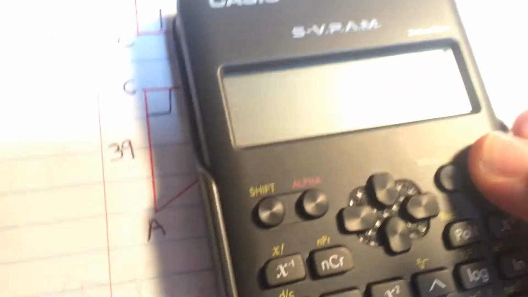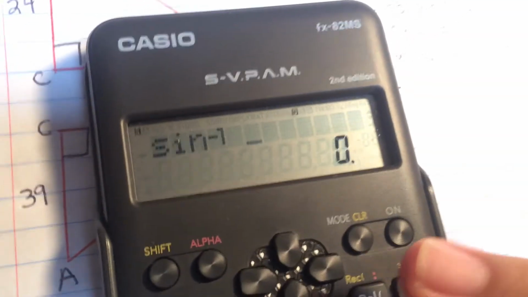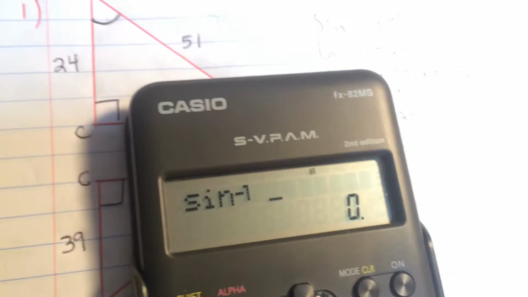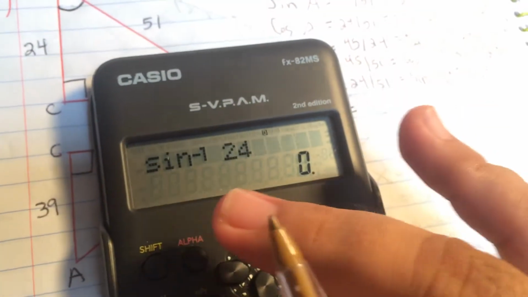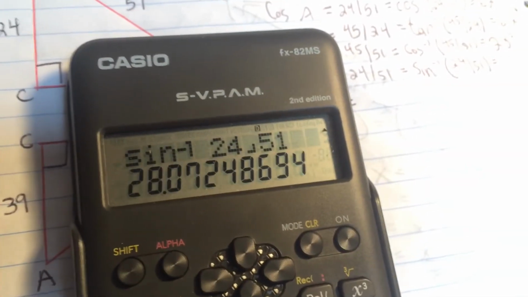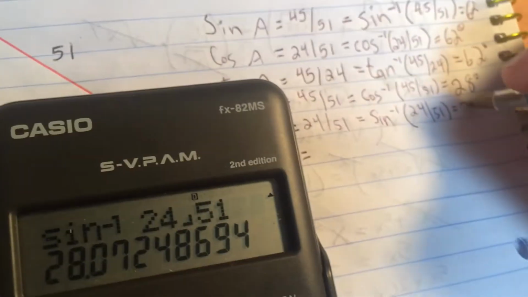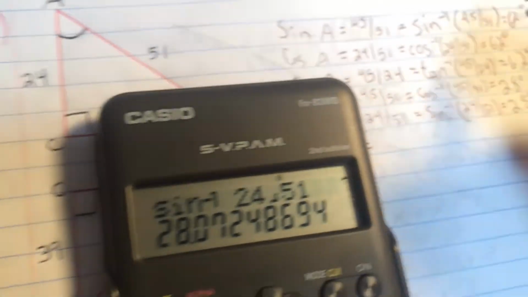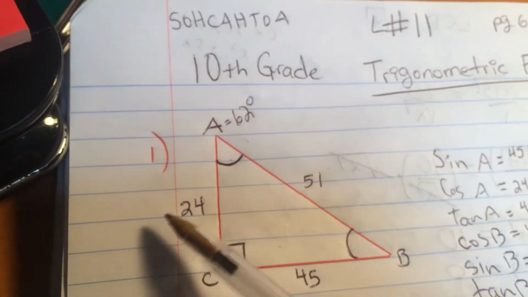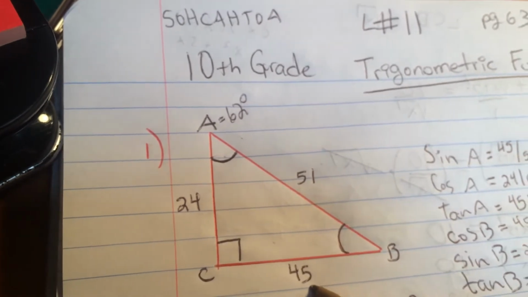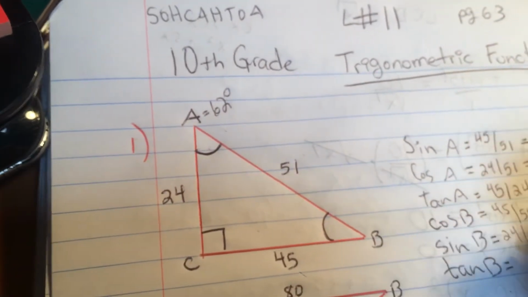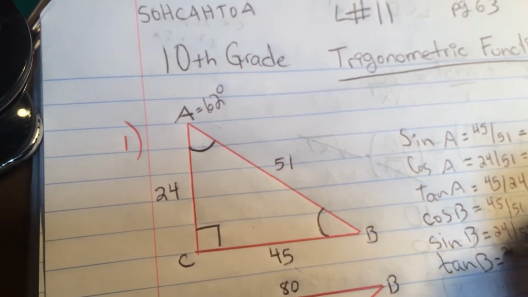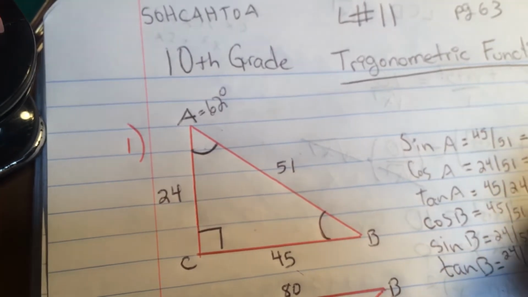Let's do it: inverse sine of 24 over 51, 28. Now let's do the tangent of B. Tangent would be, according to SOHCAHTOA, opposite over adjacent, so it's going to be 24 over 45.